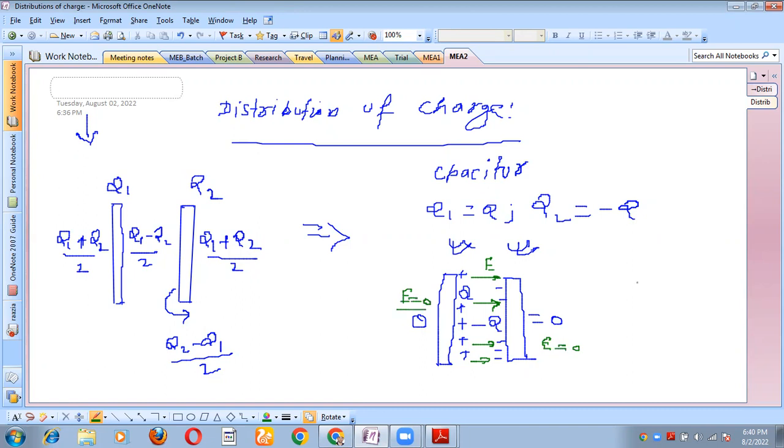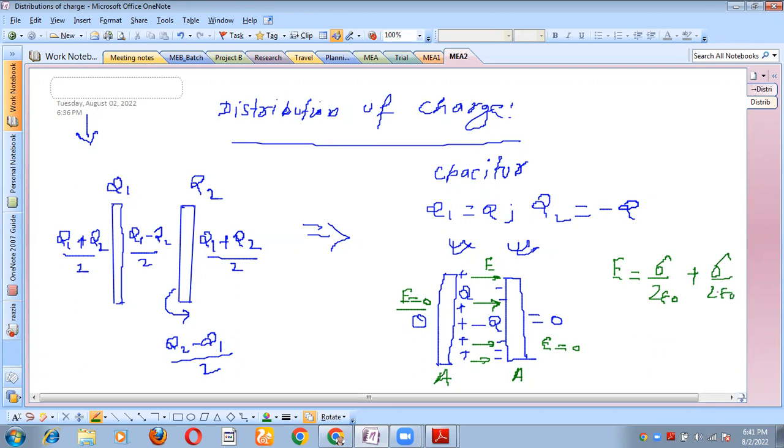Suppose area of each plate is A. Due to the first plate it is sigma by 2 epsilon naught, and due to the second plate it is also sigma by 2 epsilon naught. Since the electric field due to each plate is in the same direction, the net electric field between the plates is sigma by epsilon naught, where sigma is charge per unit area, that is Q by A. So this is the electric field between the plates.